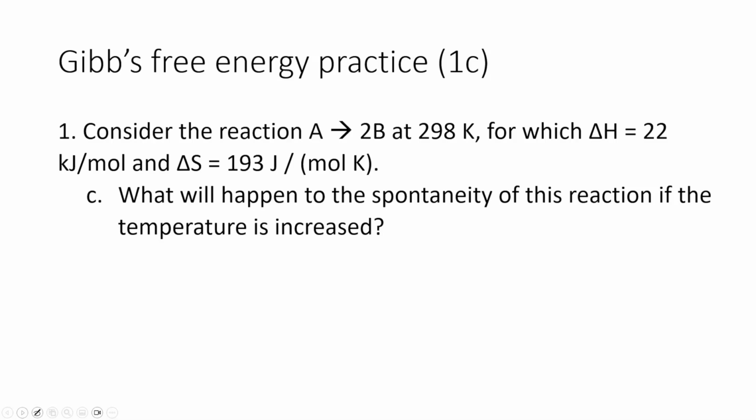So if you have a more spontaneous reaction, when it finally reaches equilibrium, you'll have more products. If you have a reaction that's less spontaneous, you still have more products than reactants at the end, but the ratio of products to reactants is closer to 1. Does that make sense? Any questions about that part?